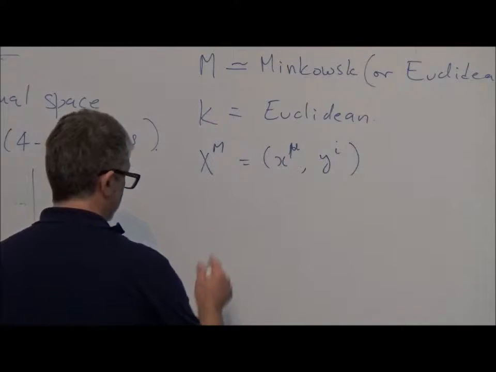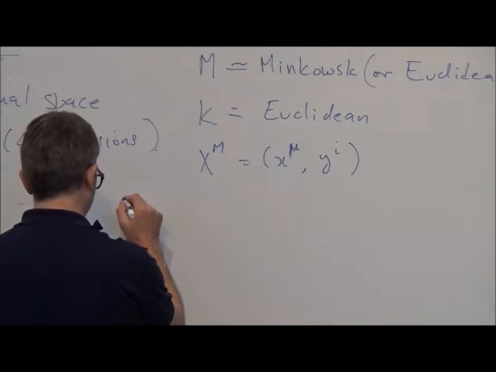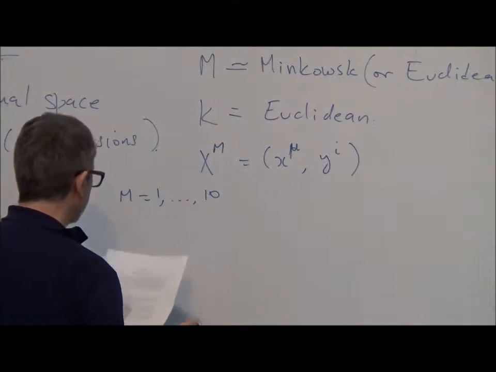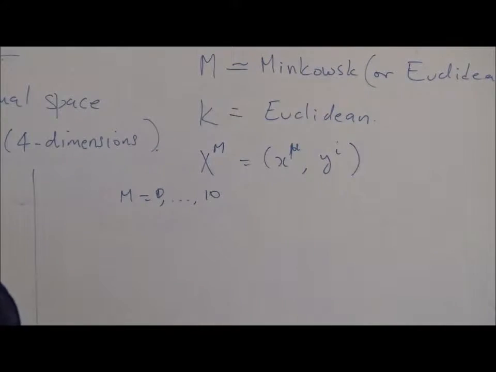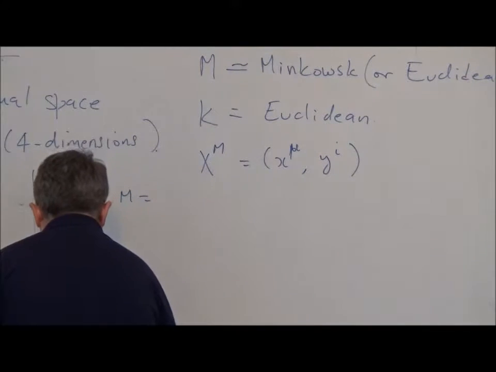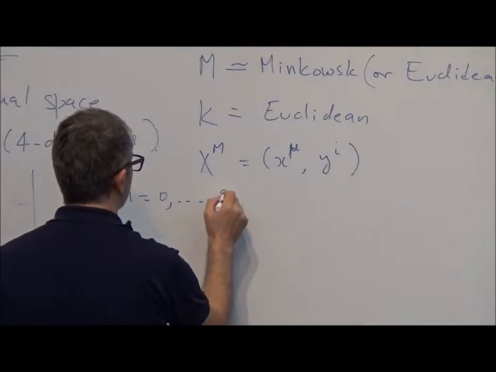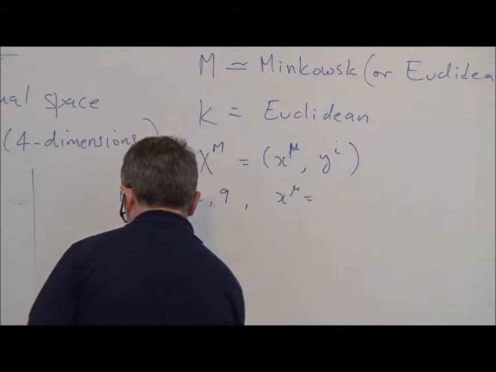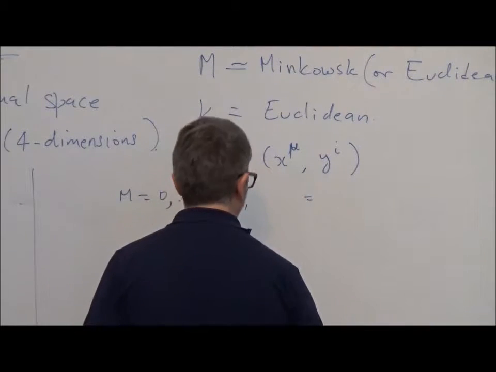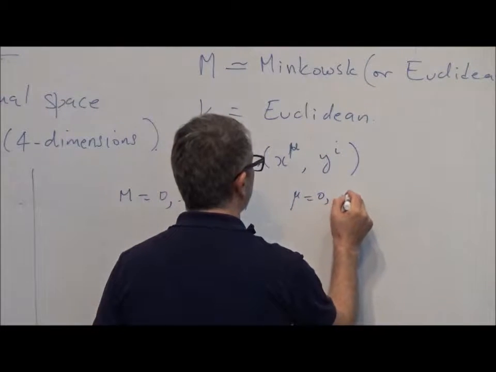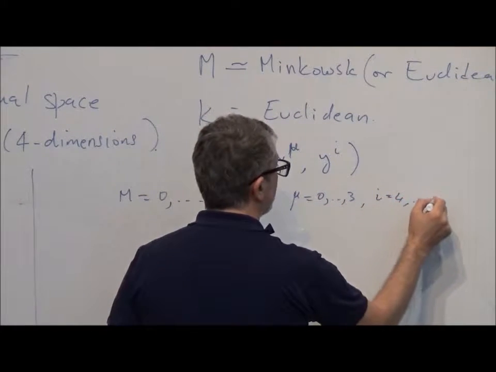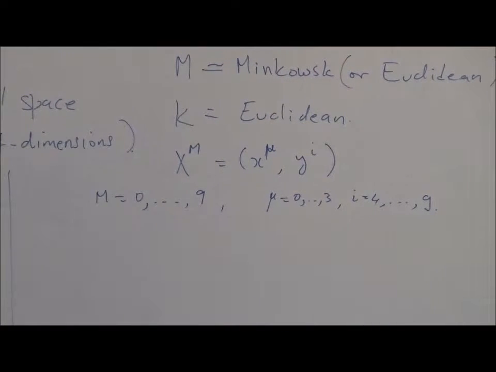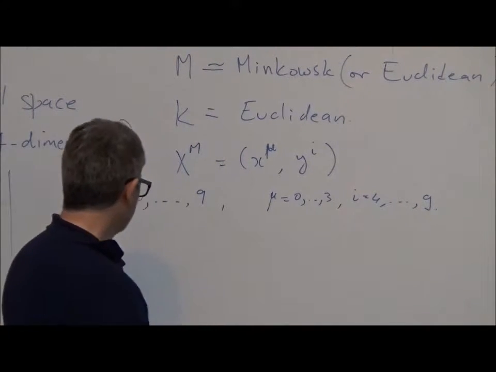And so again, these are quite general, but for the sake of argument, if M is equal to 0 to 9, then mu is 0 to 3, and I is 4 to 9. Okay? They're the local coordinates. A 10-dimensional space needs 10 coordinates locally. These are the ones.